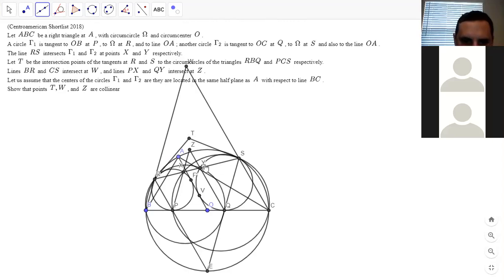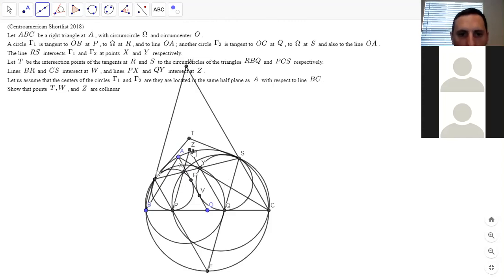So angle TRY is equal to angle RPX. It equals RES. It equals YQS, and it equals TSY. Okay. So TRS is TRX. T is on the radical axis of RPX and SYQ.